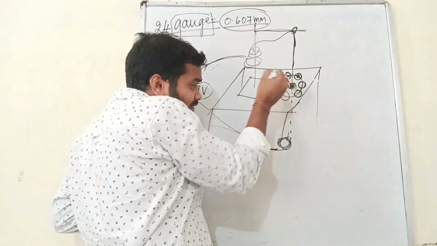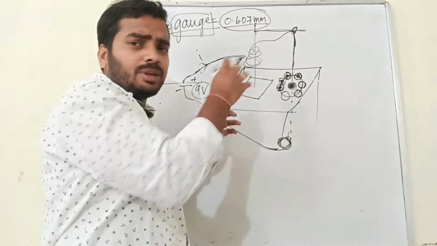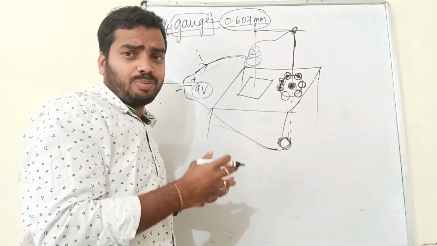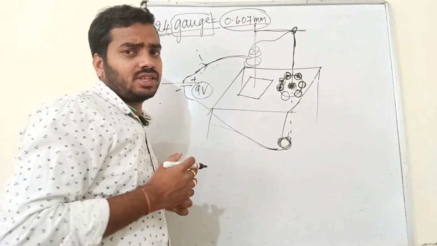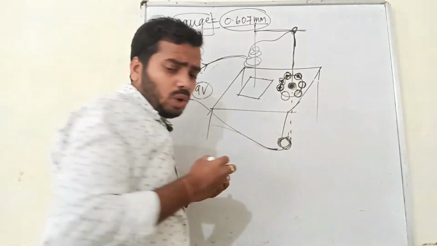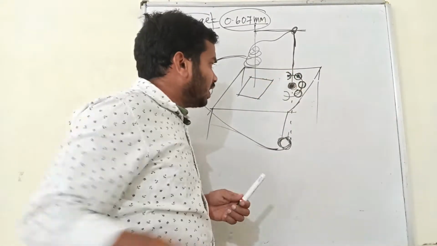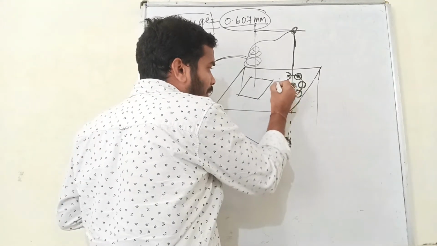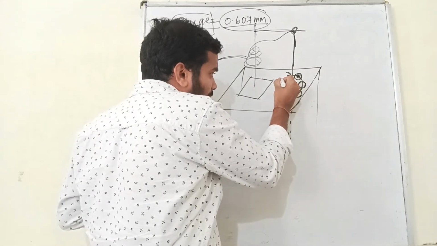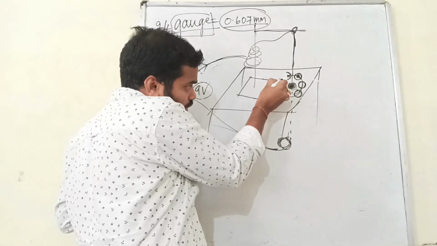Here you have to note the north directions of all the magnetic compasses. The magnetic compasses would be able to show the north directions. So you have to put some dots around these magnetic compasses. Let us suppose there is a magnetic compass over here, and it is showing north over this side.